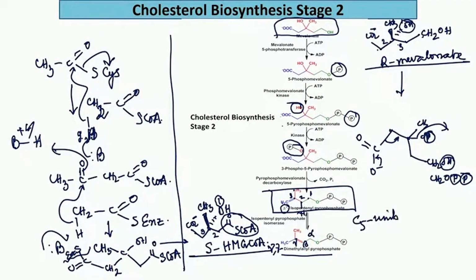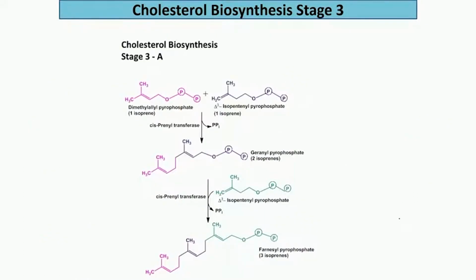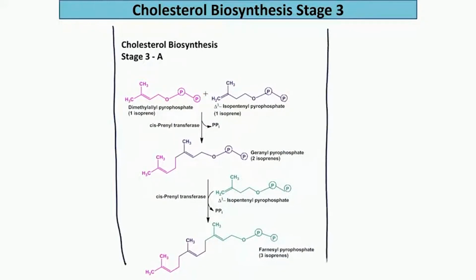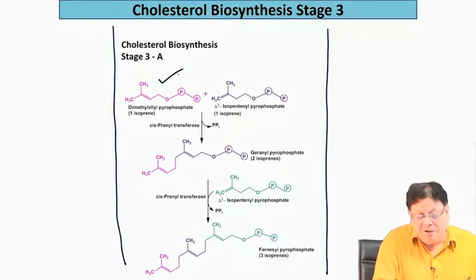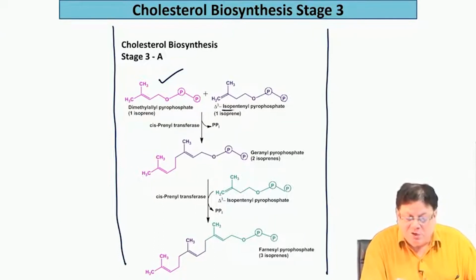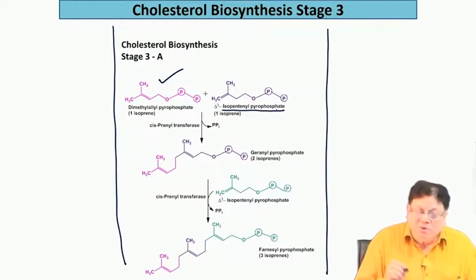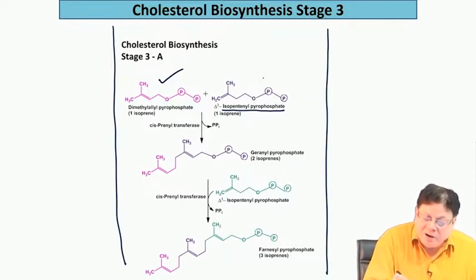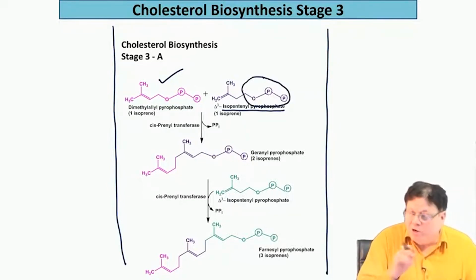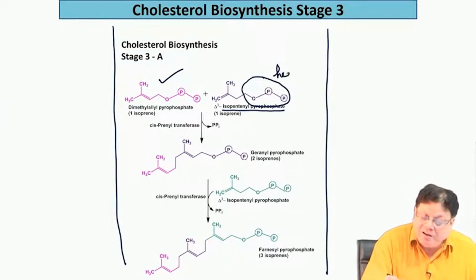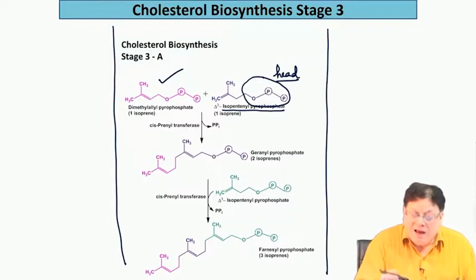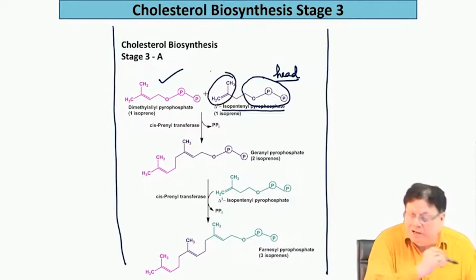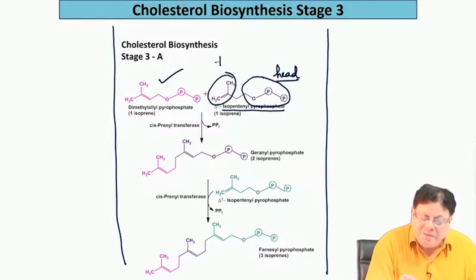Okay. Now, these C5 units, before we go to the next session, I think I will finish up here by saying that these 2 units, this is again the same thing, this is gamma gamma dimethyl allyl pyrophosphate, and this is isopentenyl pyrophosphate. Okay. Now, first of all, you have to identify the part where the functional group or the polar moiety is present, that is what is called the head group, and where the non-polar or lipophilic part is present, that is called the tail.